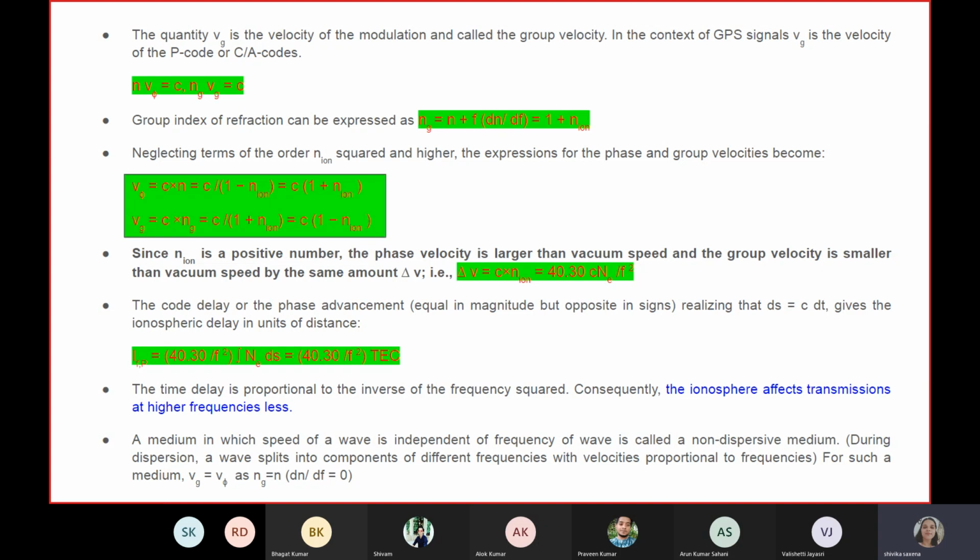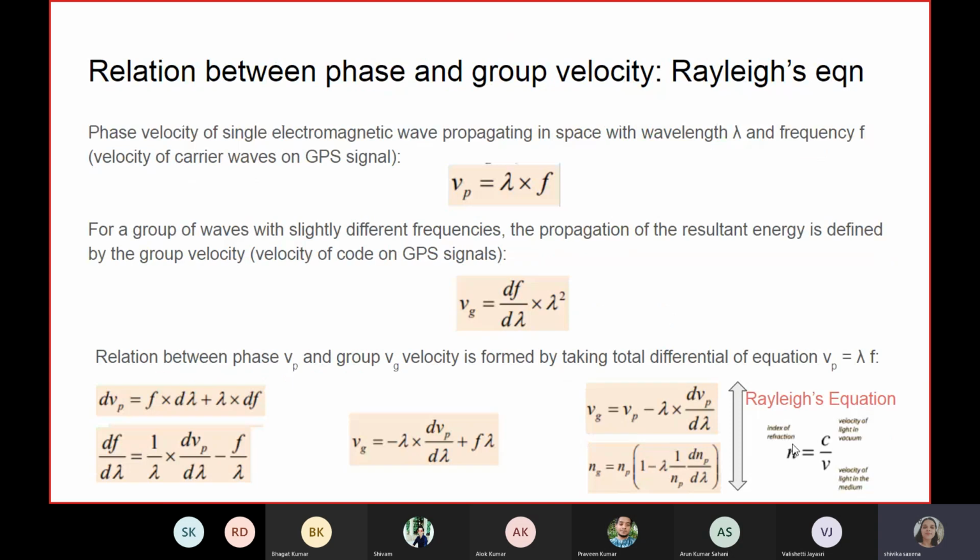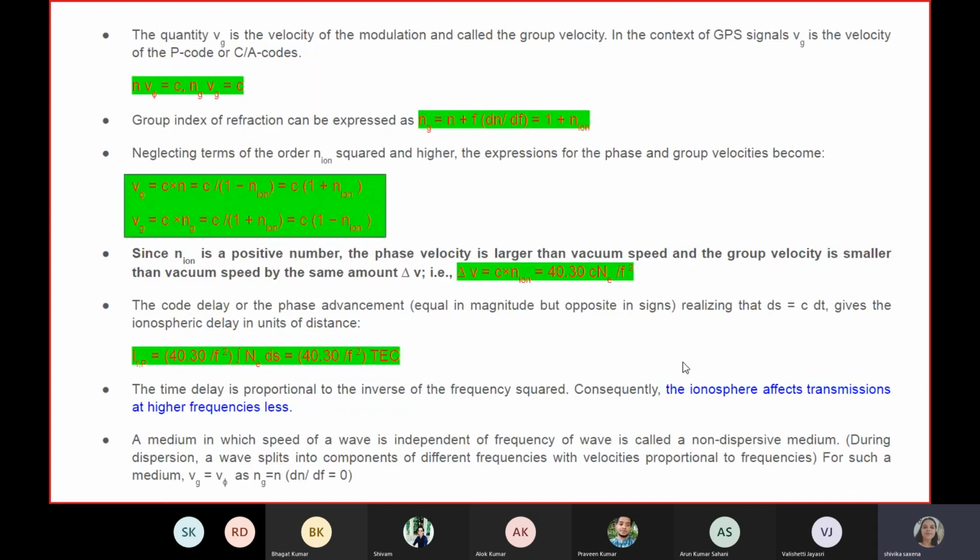This we already saw in the previous slide, the relation below Rayleigh's equation, n equals c by v. Using this relation, we are writing these relationships. Small n represents the phase, multiplied by V phase equals c. Similarly, Ng into Vg equals c.